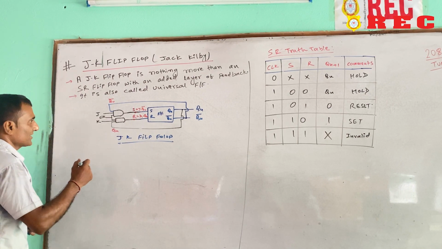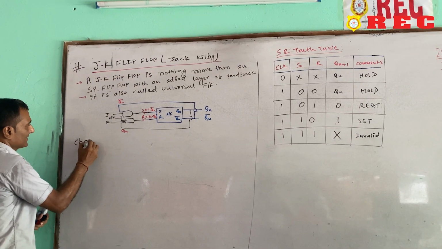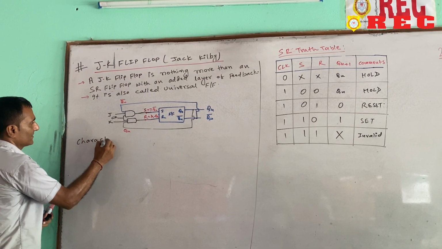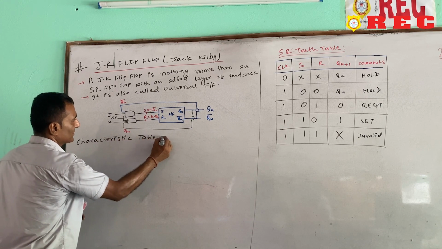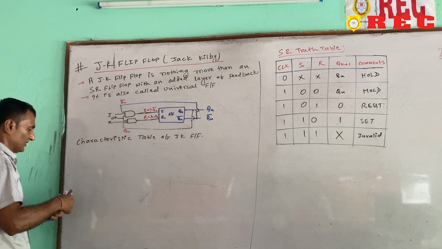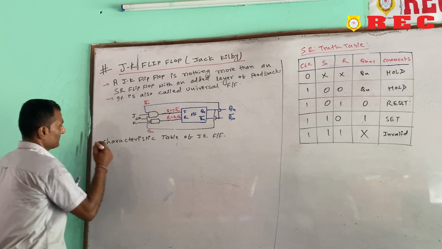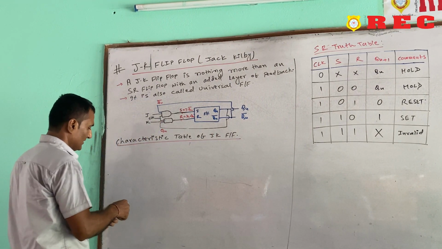So listen carefully, I am going to make the characteristic table of the JK flip flop. What are the important points?